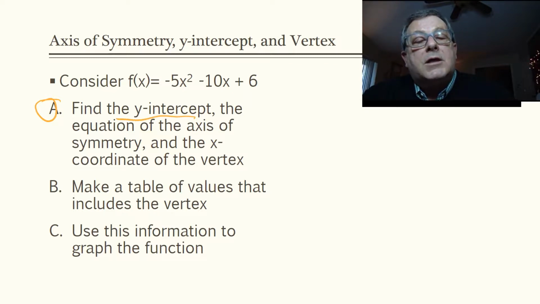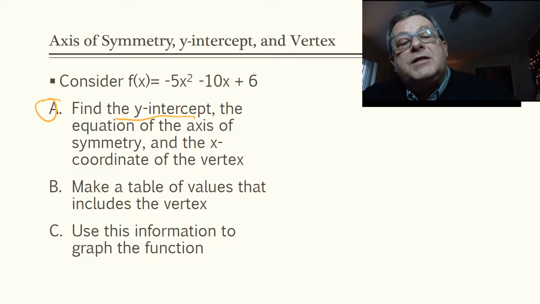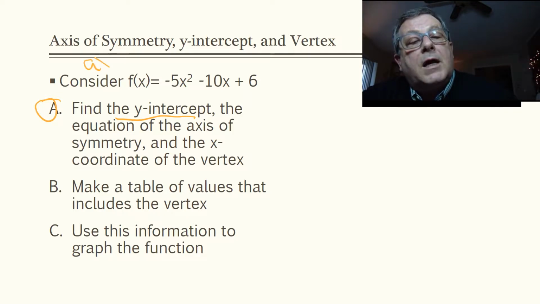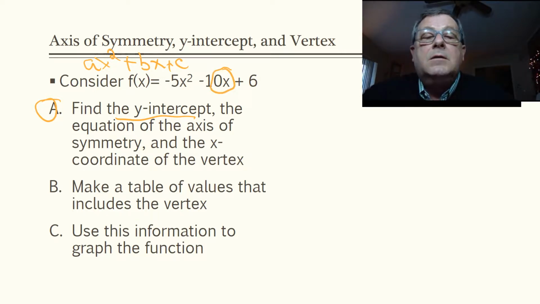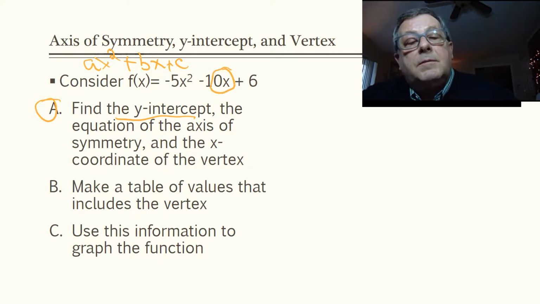Well, the y-intercept is just going to be this value of c here. Remember, our standard form is ax squared plus bx plus c. And so this positive 6 is going to be our y-intercept. So our y-intercept is 6.